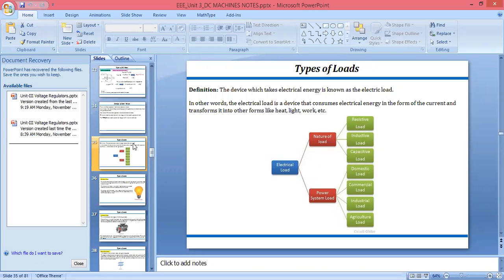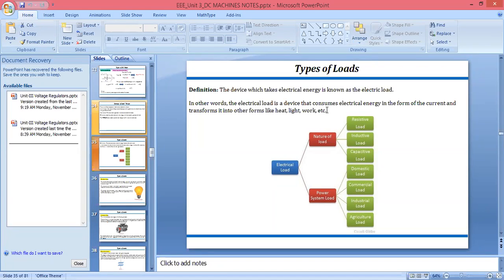So electrical load is a device which consumes electrical energy and converts that electrical energy into other forms like heat, light, work, etc. If you are using your microwave oven, when we connect the switch to the power supply and turn it on, heat will get generated.